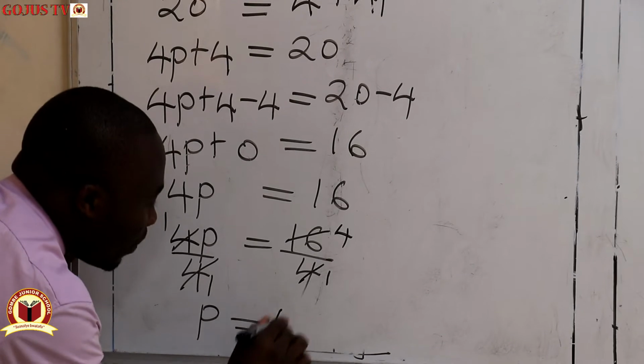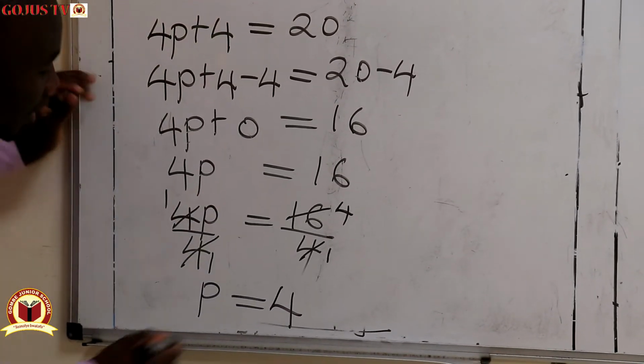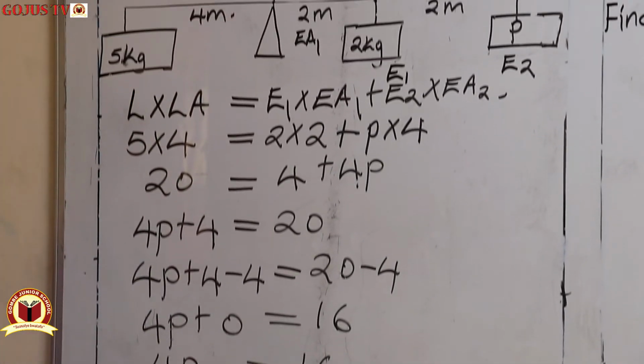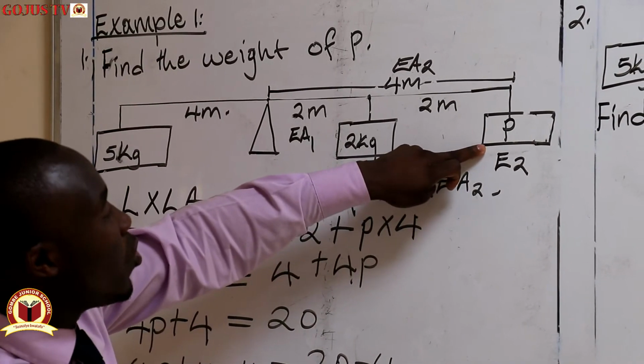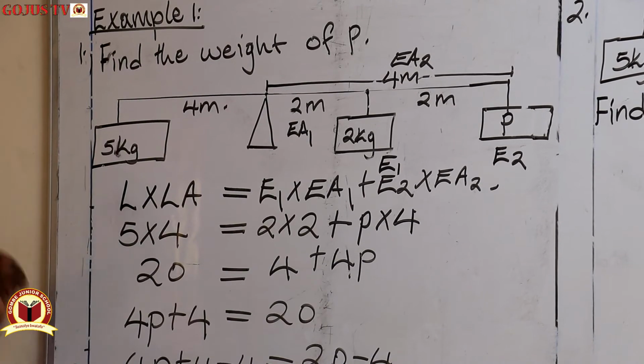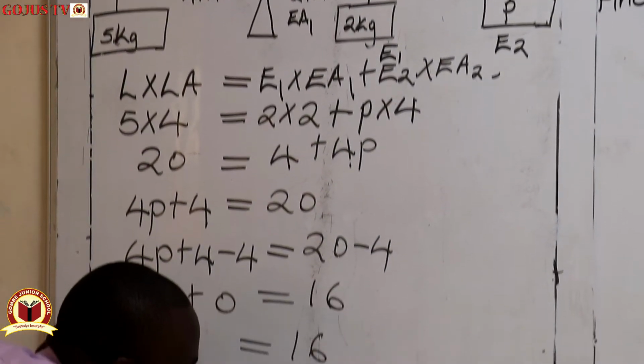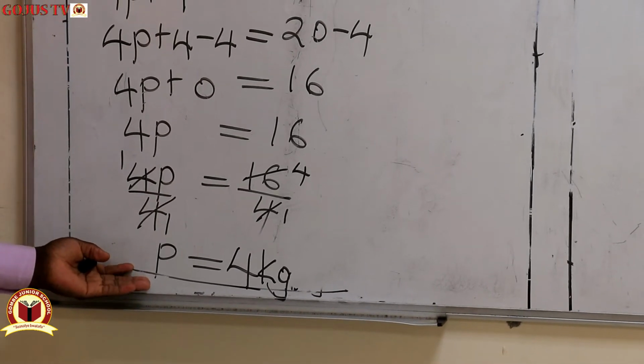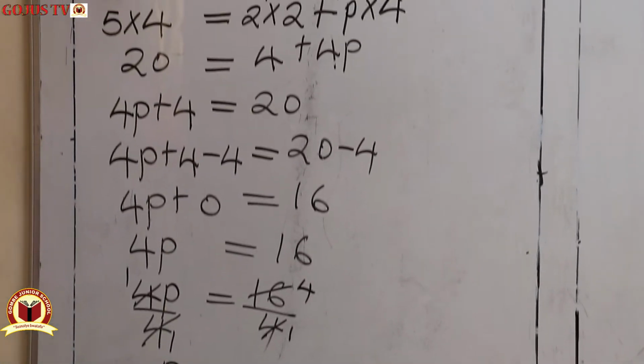So P will be equal to 4. And then we can look back and we look for the units. Since we are looking for this weight, we shall use the units that have been given to us, which are kilograms. Therefore, P will be equal to 4 kilograms.